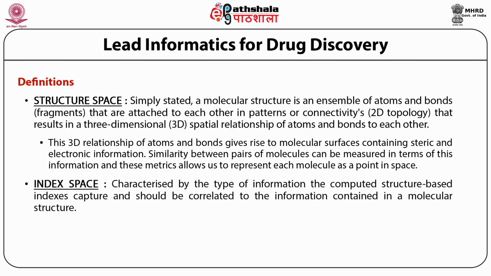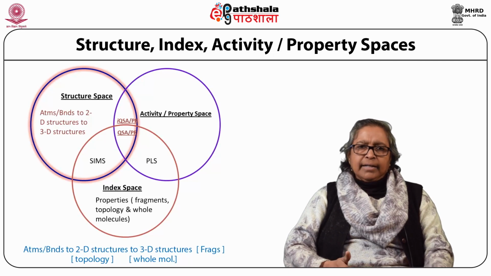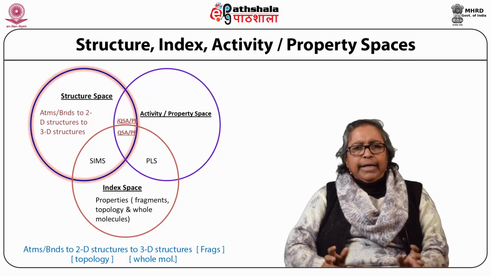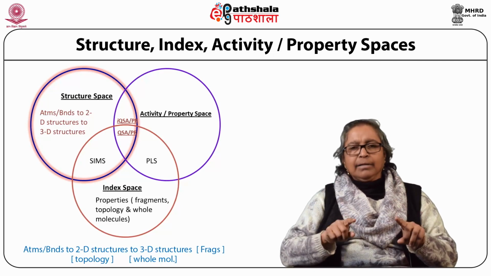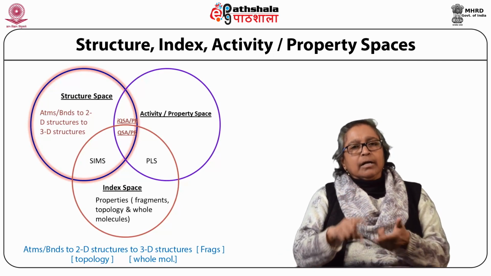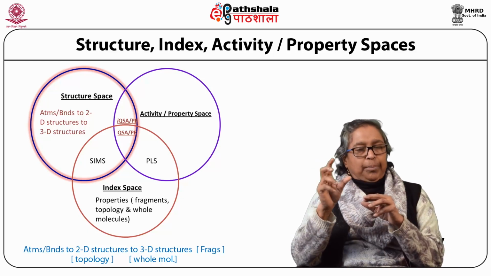Next is index space. Index space decides the biological relationship, and this index space is related to your descriptor space or parameter space, and it also connects the structure to the index. As discussed earlier, here I show you in principle how one must look into the model built using structure properties, indexes, and activity or property space.